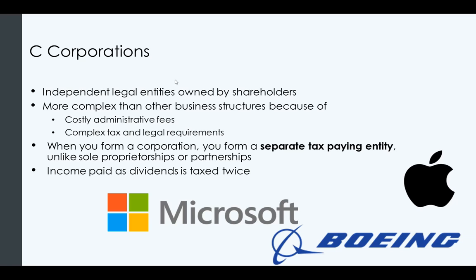And then complex tax and legal requirements, because they obviously require a lot more paperwork to set up articles of incorporation. They have their own special taxes because they have the benefits of an individual person. They also have to pay taxes like an individual person, often referred to as the corporate tax. And when you form a corporation, you must form a separate tax-paying entity.